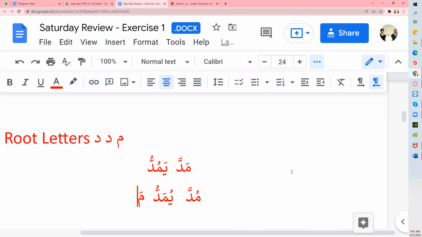Because this one, I'm just letting you know, it's not mamdud. How did the second mim come in? Mamdud. Sorry. Just now was what?